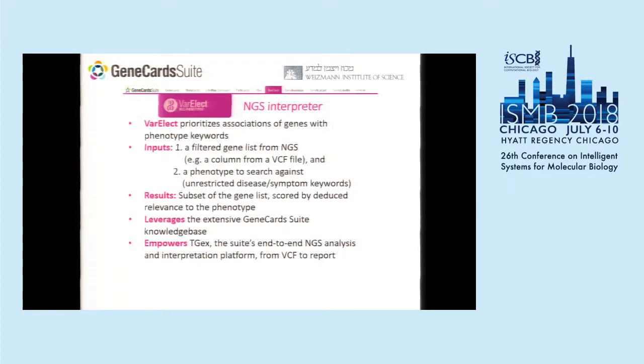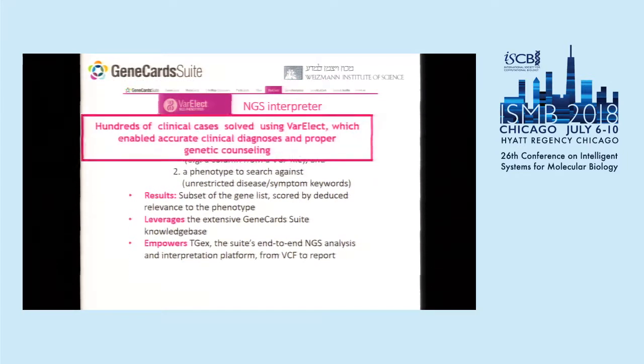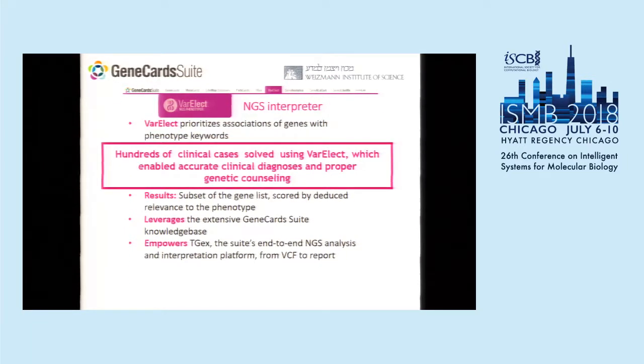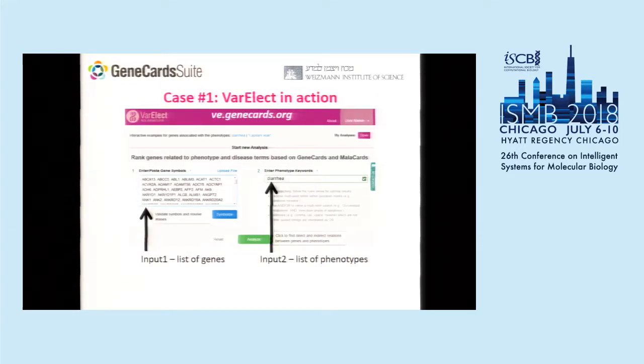And I'll show it in action in a minute. We know of hundreds of cases that have been solved using VarElect, enabling accurate clinical diagnosis and, just as important, proper genetic counseling, so that a family will know if it makes sense to do PGD for the next pregnancy based on this information.